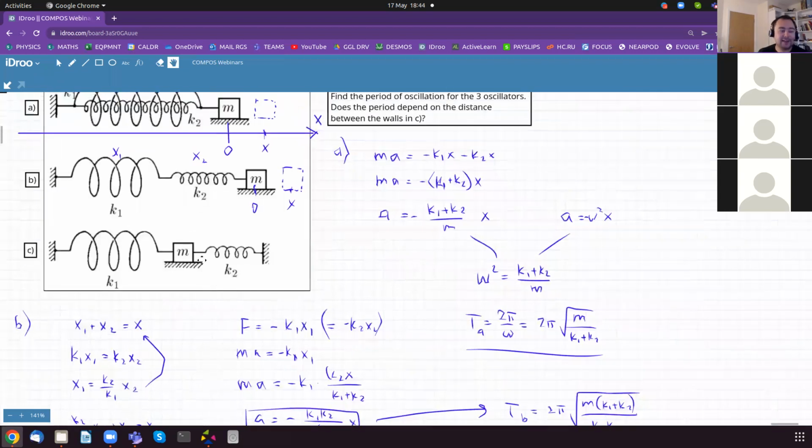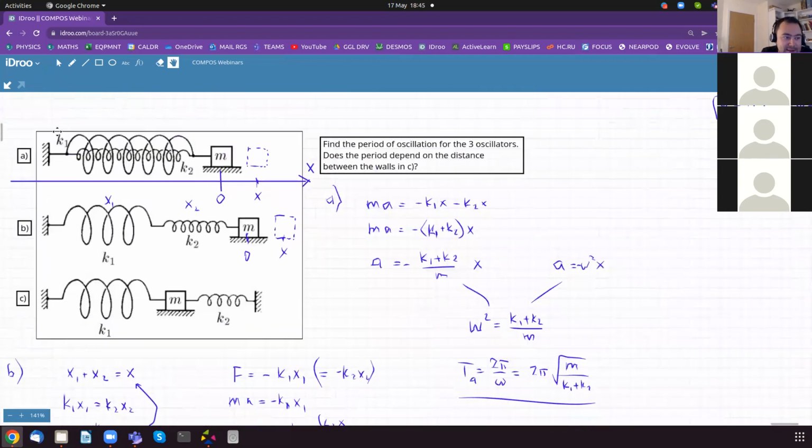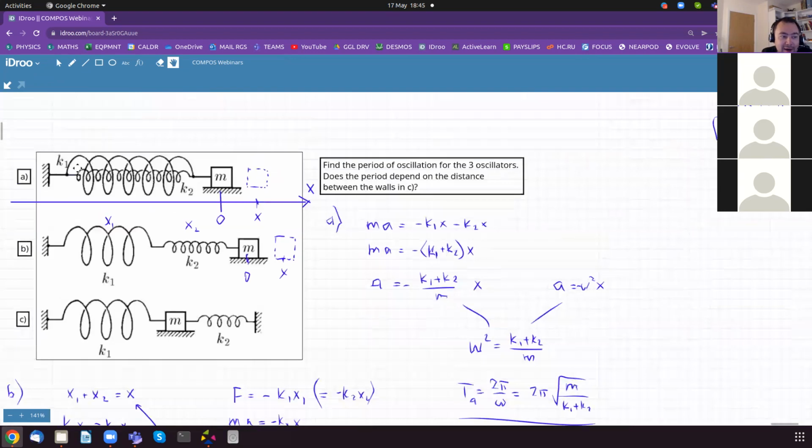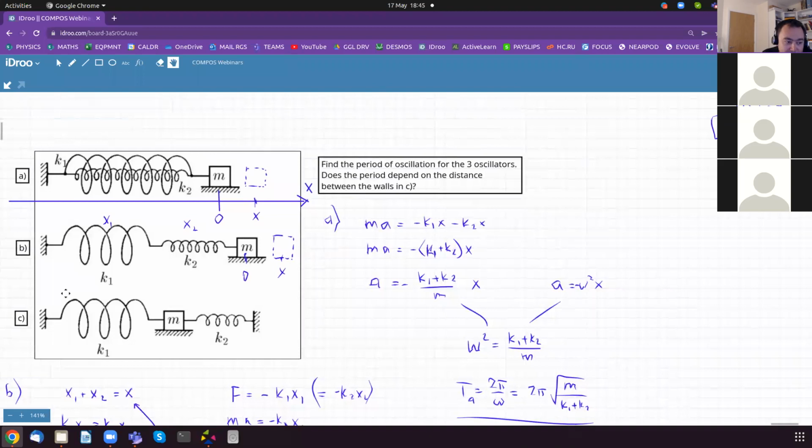Now interestingly enough, this is when we say springs are in parallel, and you will have a very similar question in the assignment. Springs in parallel. This is springs in series. Now C, is C series or parallel? What do you think?